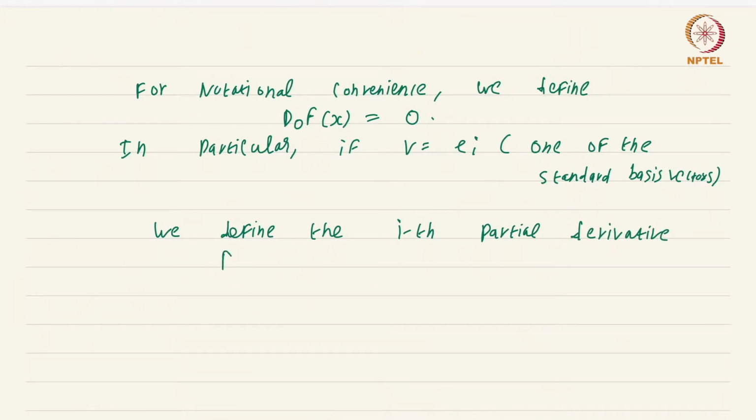We write D_i, we don't put the e_i, for convenience. D_i f(x) is just, as you can guess, the limit as t goes to 0 of (f(x + te_i) - f(x))/t.